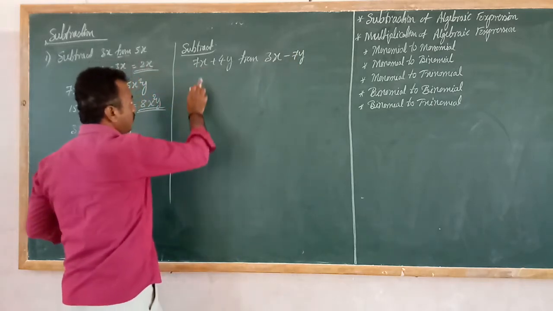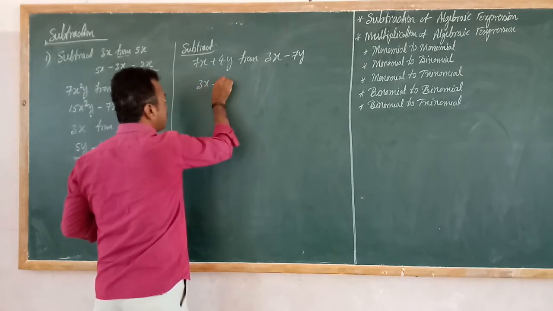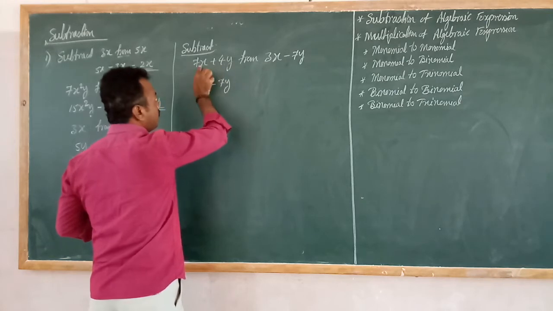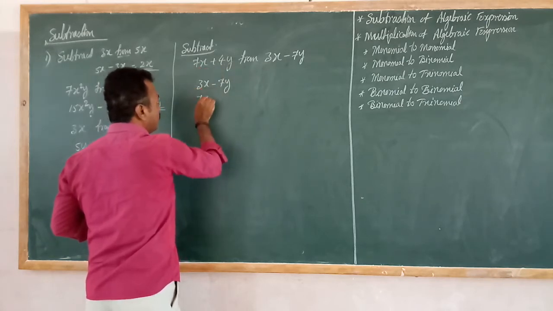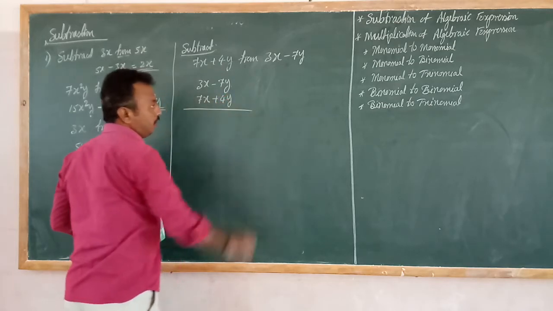First, the term we are subtracting from, you have to write down: 3x minus 7y. After that we write 7x plus 4y, so 7x below 3x and 4y below 7y, like terms under like terms.